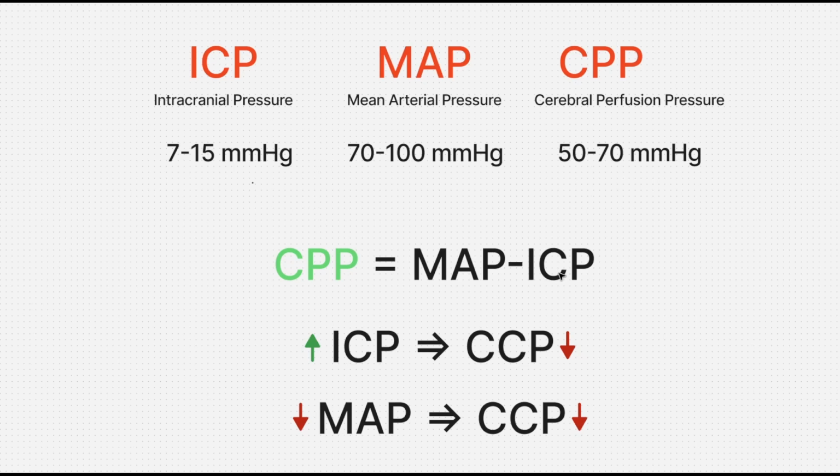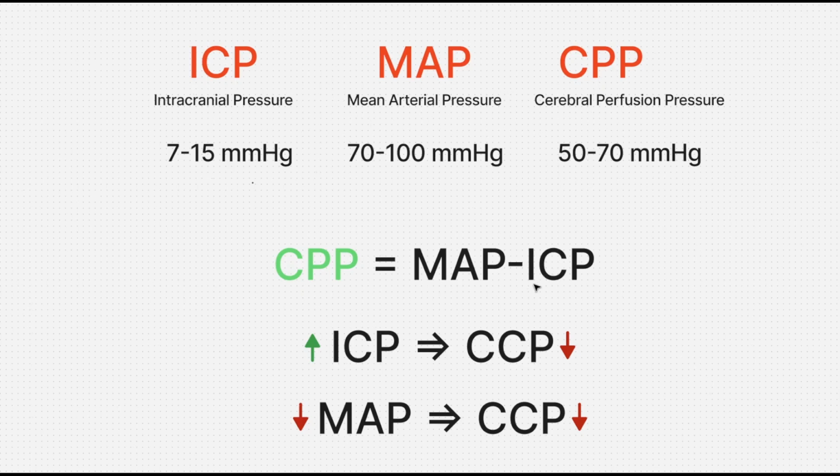And why is that? Well, let's think of the pressure. The CPP is the pressure required for blood to flow to the brain. So this means that there are mainly two factors affecting this pressure. This blood is flowing through arteries, so it's definitely affected by the mean arterial pressure.